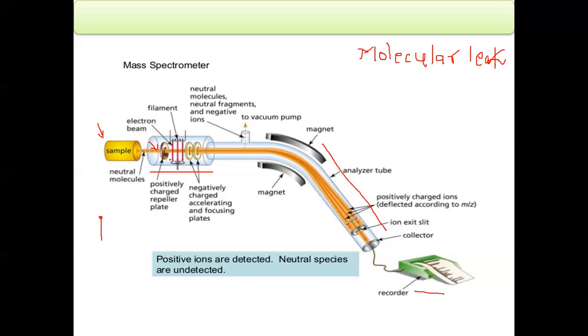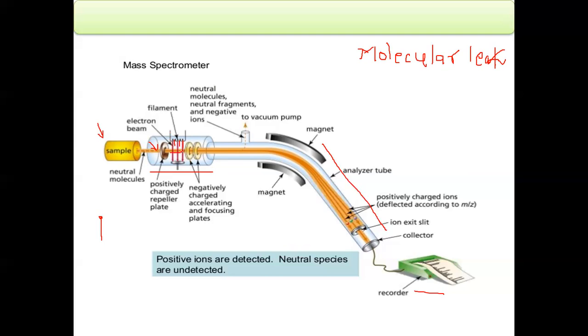One is the repeller plate, it has accelerating plates, and it has a preheated filament which will create a high energy electron beam. Electrons are generated or ejected by this filament, and the electrons have very high energy, and these high energy electrons are used to bombard the sample.